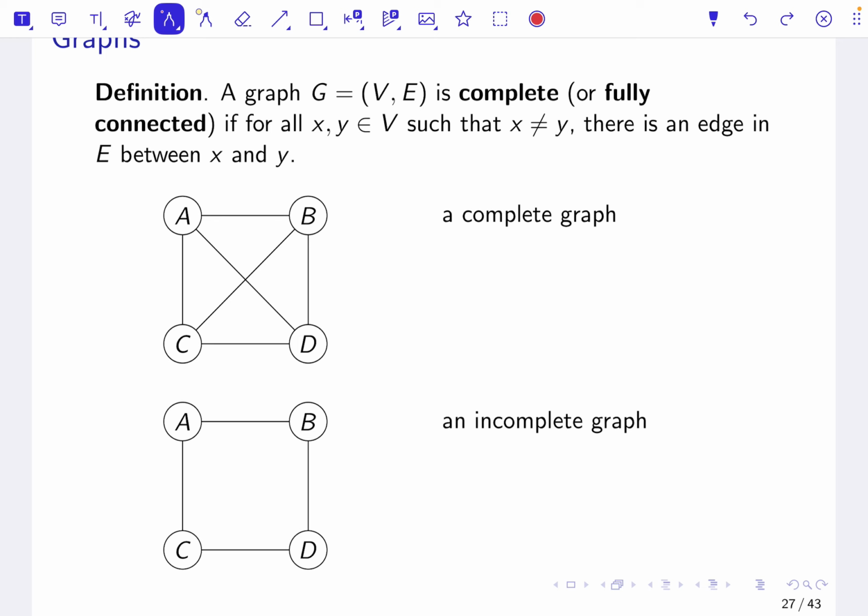And then for social networks, the complete graph has everyone knowing each other. And then the incomplete graph, A and D and B and C maybe don't really like each other. Maybe they just haven't met yet. But everyone's at least a friend of a friend or knows each other indirectly.